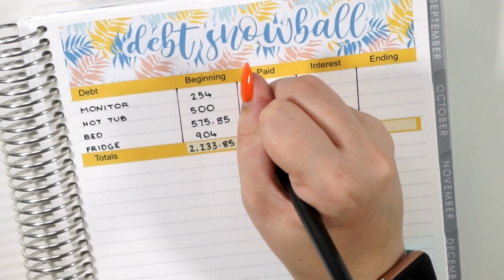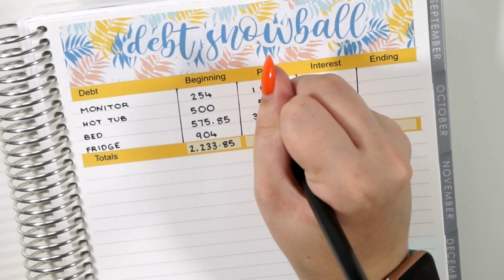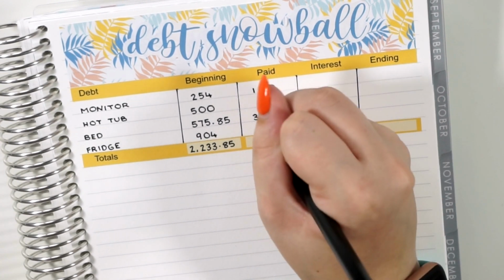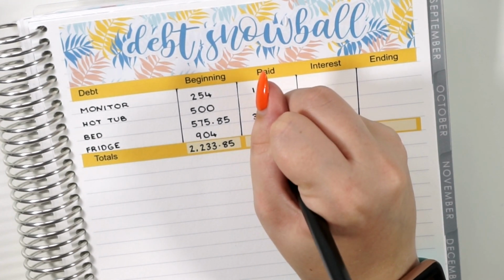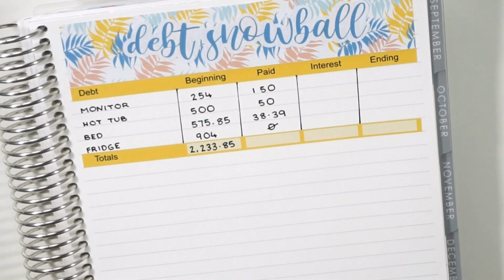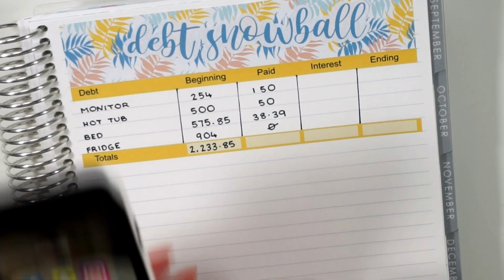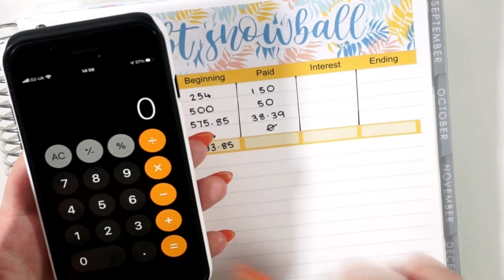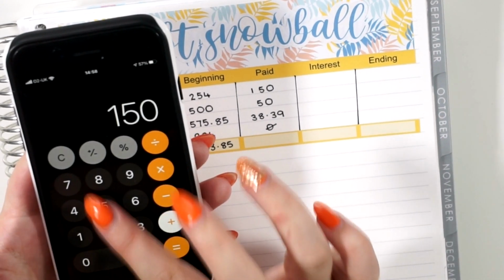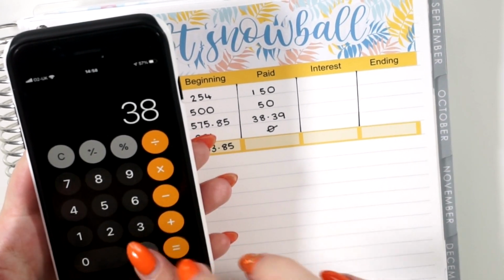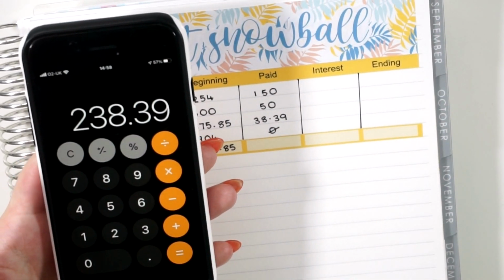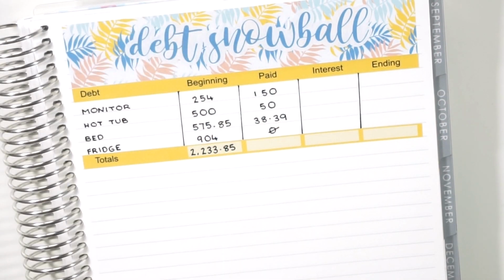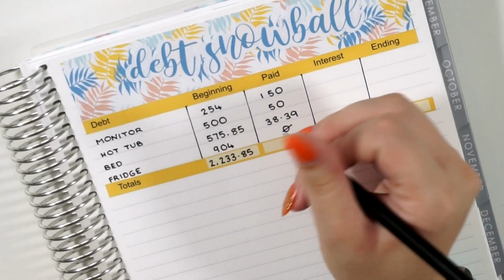Our bed we paid £38.39, and we paid nothing towards our fridge. So if I pull up my calculator, we paid a total of £238.39 towards our debt this month, which is good.